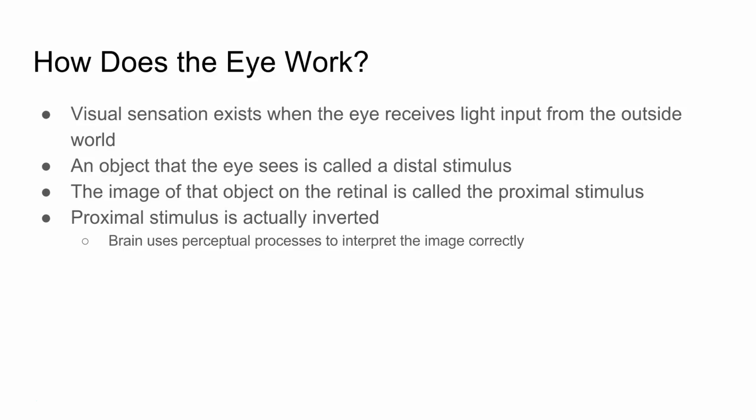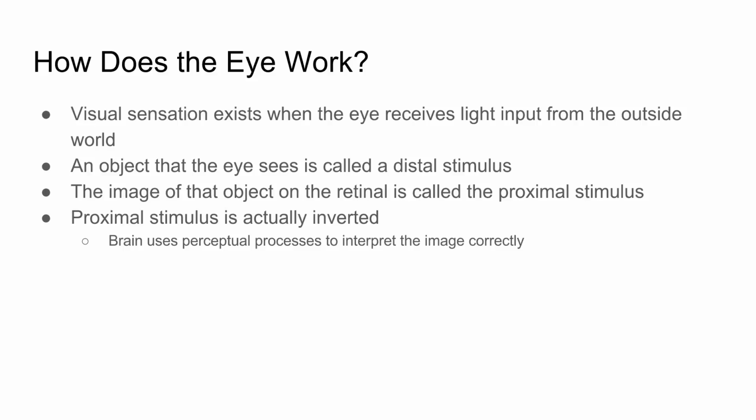So there's this weird dualism in objects. They exist in two ways. First, something that you see is called a distal stimulus. So the object that you see, like if there is a shoe on the ground, that shoe is a distal stimulus. The image of that object as it is displayed on your retina is called the proximal stimulus.